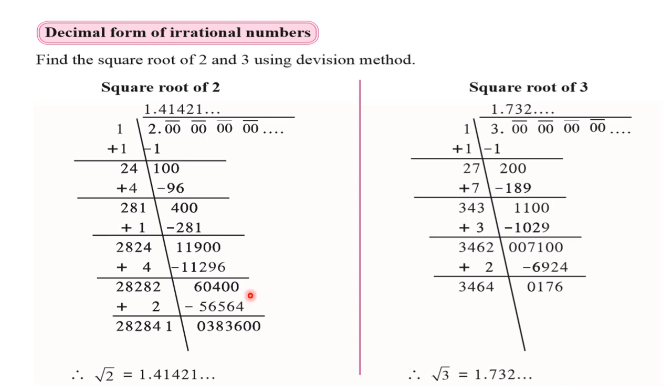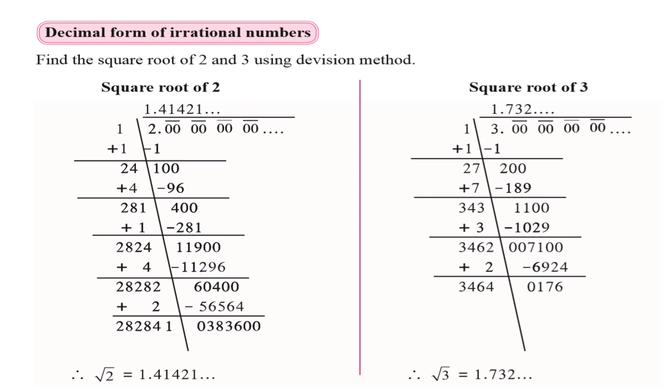This is only for your information: the decimal form of irrational numbers is non-terminating and non-recurring. This you have to keep in mind. Forget about this method, nobody is going to ask you this. Only keep in mind that the decimal form of an irrational number is non-terminating, non-recurring.